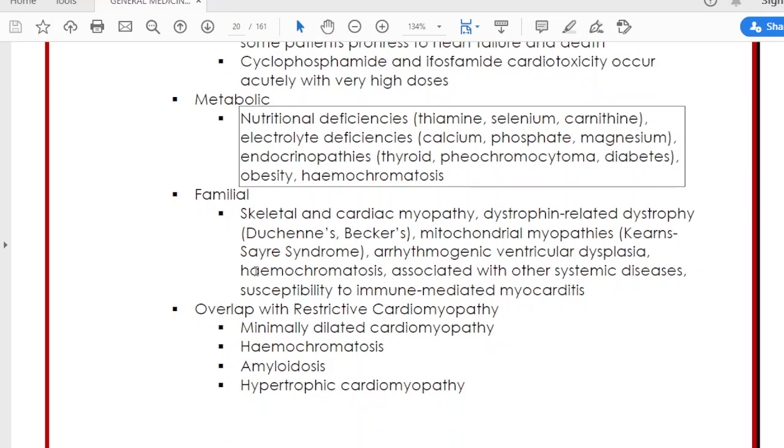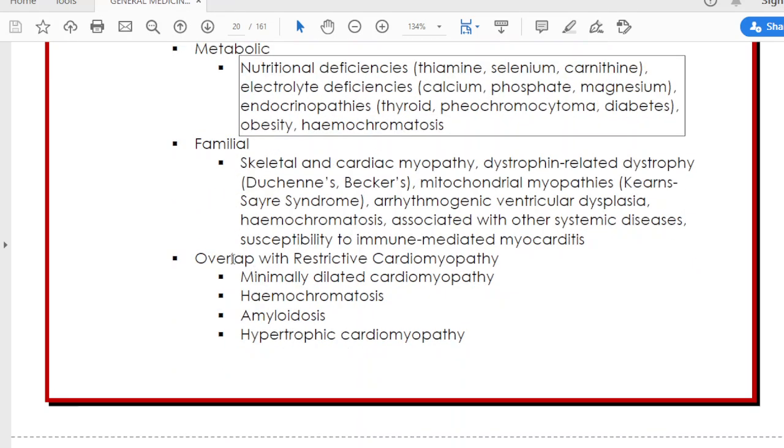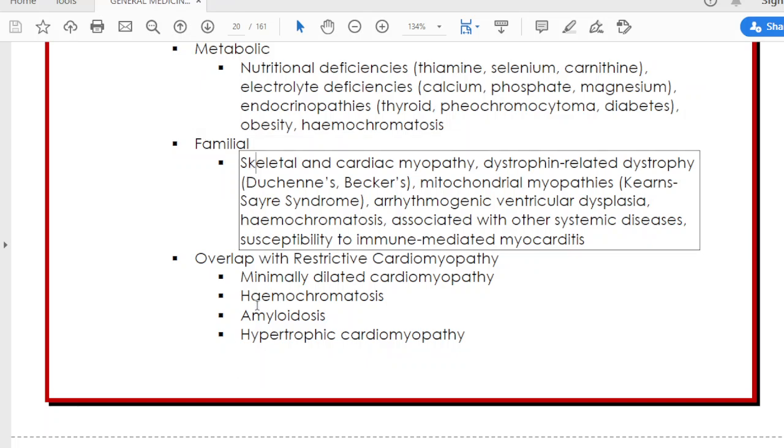Metabolic, nutritional deficiencies, thiamine, selenium, carnitine, electrolyte deficiencies, calcium, phosphate, magnesium, endocrinopathies, thyroid, pheochromocytoma, diabetes, obesity, hemochromatosis, familial, skeletal and cardiac myopathy, dystrophin-related dystrophy, Duchenne's, Becker's, mitochondrial myopathies, Kearns-Sayre syndrome, arrhythmogenic ventricular dysplasia, hemochromatosis, associated with other systemic diseases, susceptibility to immune-mediated myocarditis.